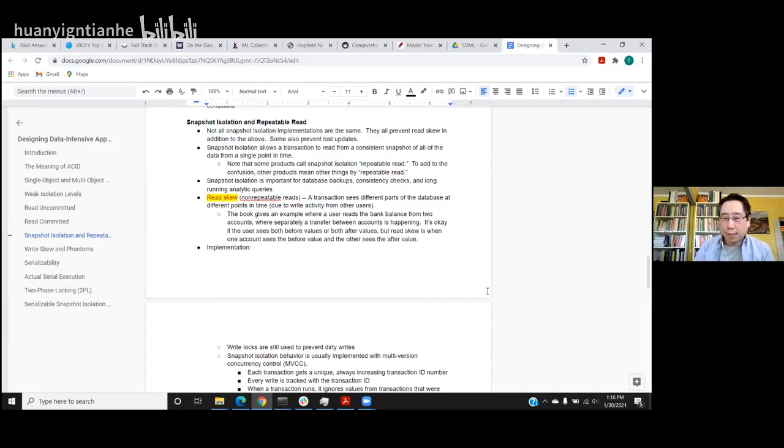And so snapshot isolation solves this problem of read skew. That's where you're reading one thing and then something else, and you're actually getting values from different points in time. One way in which this happens is when people do a backup of the database. We used to do backups and they would take hours.